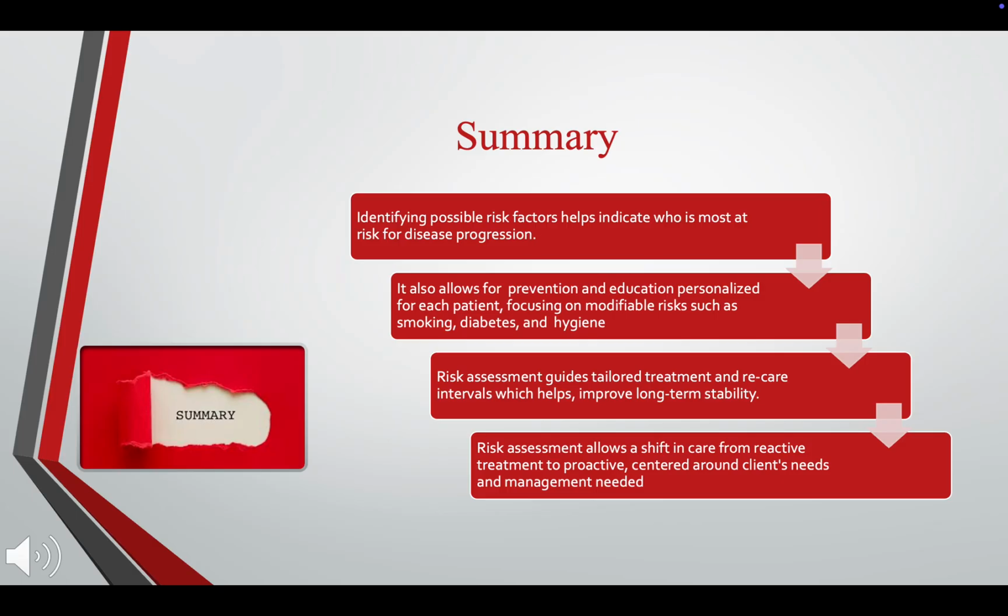Risk assessment also guides us in creating tailored treatment plans and recare intervals, making sure that each patient gets the level of care that they truly need. Overall, it shifts periodontal care from reactive treatment, where we only act once damage has occurred, to a proactive, patient-centered approach that focuses on prevention and stability and better long-term oral health outcomes.